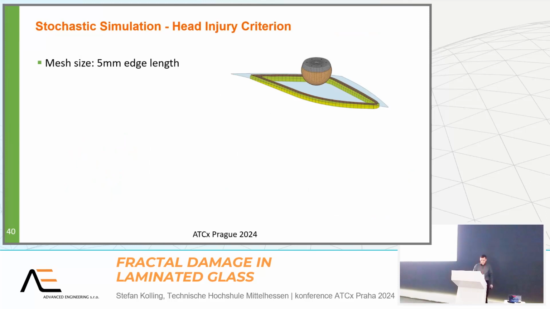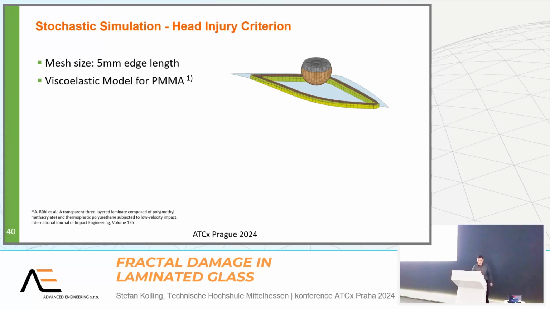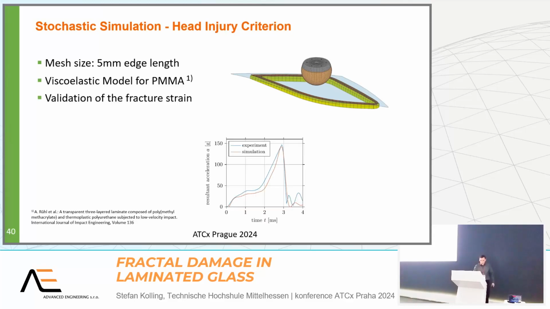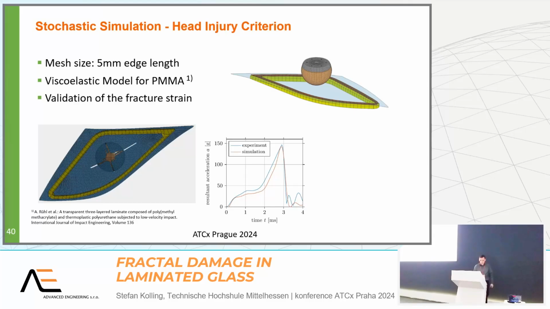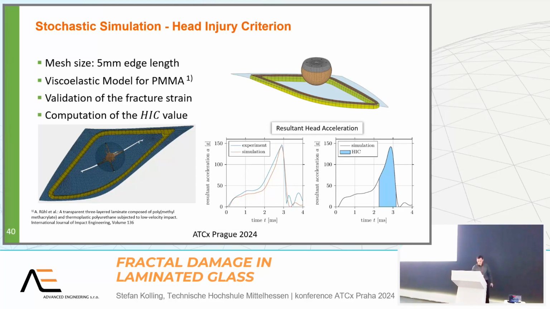So, one of the last slides. Here is a simulation with mesh size 5 millimeter for an automotive glass. A viscoelastic model for PMMA, and validation of the fracture strain can be seen here. Experiment and simulation are very close to each other.